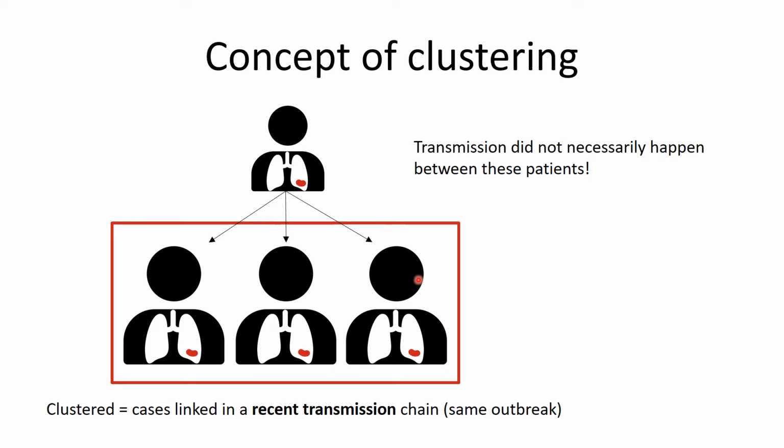This is a very important point to notice: clustering does not tell us how transmission occurred. It cannot tell us the direction of transmission or who infected whom, and cannot be used to delineate the transmission chain.